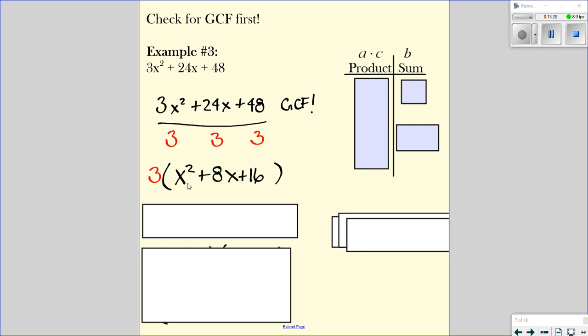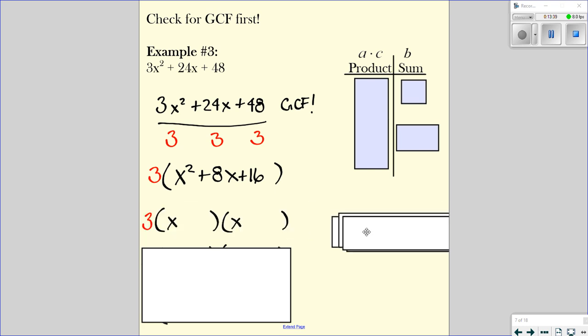So now we have a trinomial that does not have a leading coefficient. So now we can do the regular method where you do either product sum or you just do the shortcut in order to get your factors. So for this one, I did 2 sets of binomials. Notice that I'm bringing down the GCF because that's still part of that work. Because that's the first thing you took out, but it's still part of the trinomial. So I did 2 sets of parentheses.